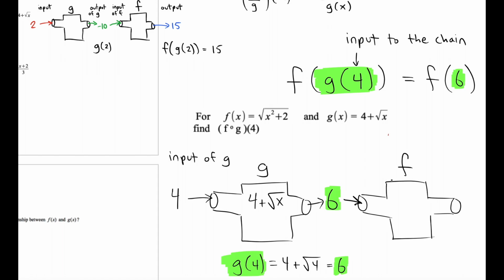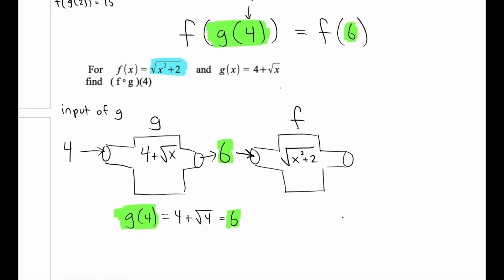Now 6 will become the input of f, and f's formula is this. We have to do the square root of x squared plus 2. So now we're finding f of g of 4, which is, of course, f of 6.